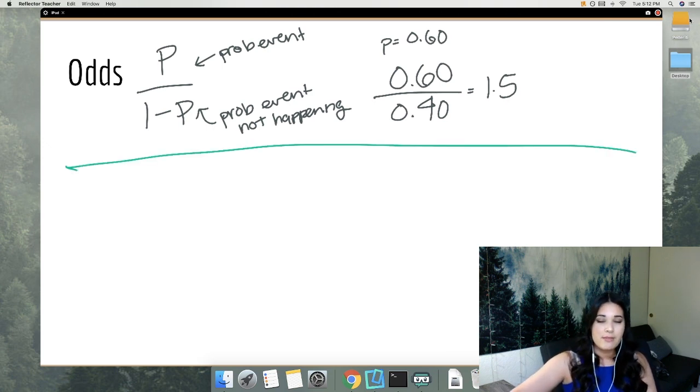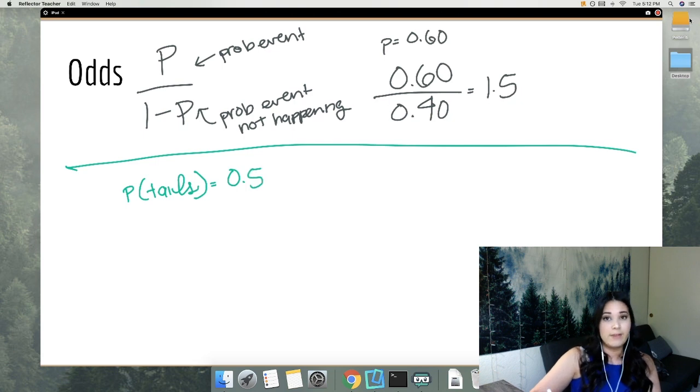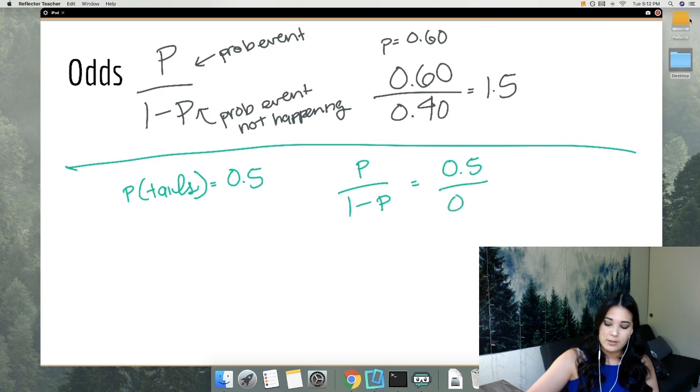Say that I am flipping a coin and I think it's a fair coin. That means the probability of getting tails is equal to 50% or 0.5. Well then, what are the odds of getting tails? Well, it's the probability of the event divided by 1 minus the probability of the event, which is 0.5 divided by 0.5, which hopefully you don't need a calculator for, is 1.